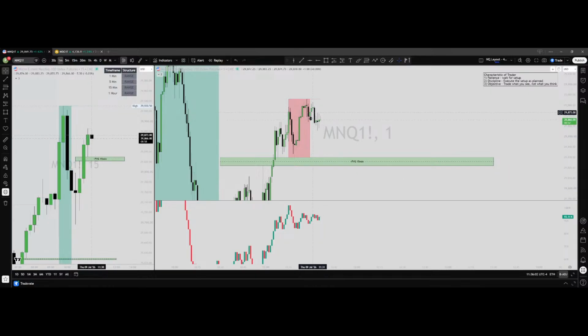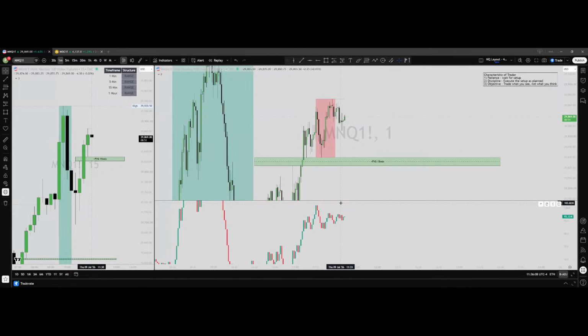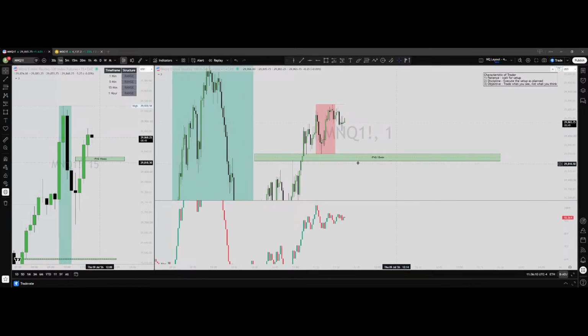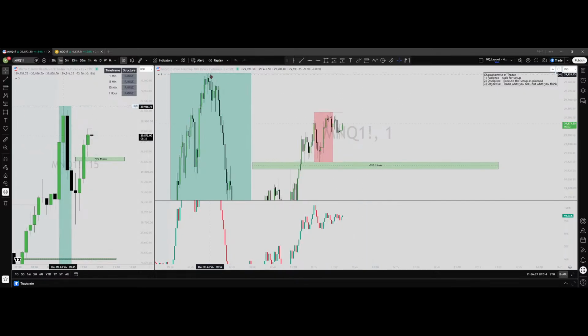We took a small stab at shorts here. There was no proper level of interest. I'm expecting price to come to this 15-minute fair value gap. If the London session closing high remains open and price taps into this 15-minute fair value gap, it gives us a good signal for buying. This will become a good draw, and then the high will become a good draw.